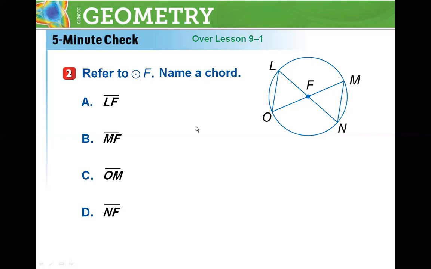It's letter C, OM. OM is a chord, but it passes through the center, which is the diameter. So it's a chord, but a chord with a special case. I need only a chord.